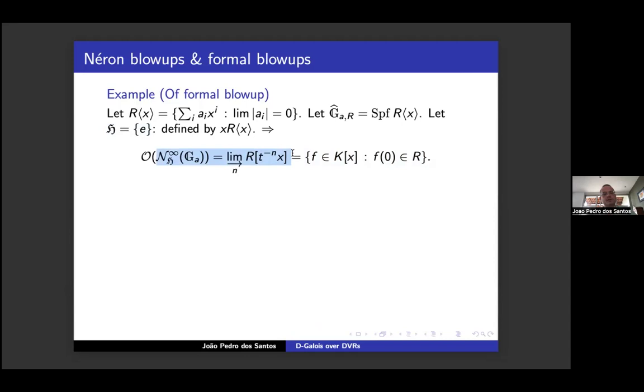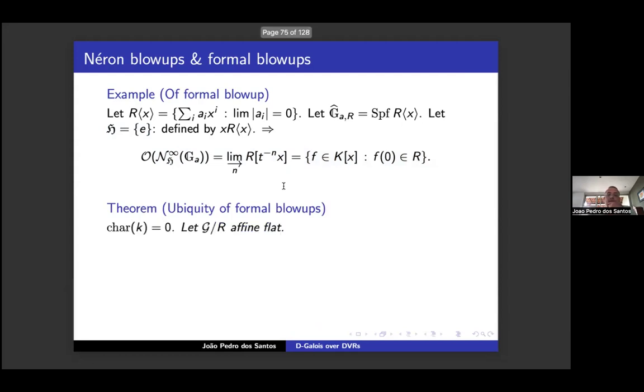But then you can say, well, it's not so bad because I'm just doing some process on simple ones. Why is this useful? Because they appear every time. Whenever you have a flat and affine group over R, in characteristic 0, not true in general, then there exists some group of finite type such that your G is this formal blow-up.